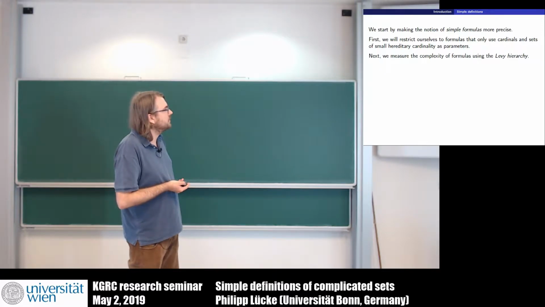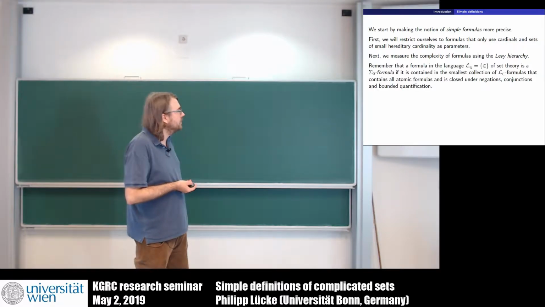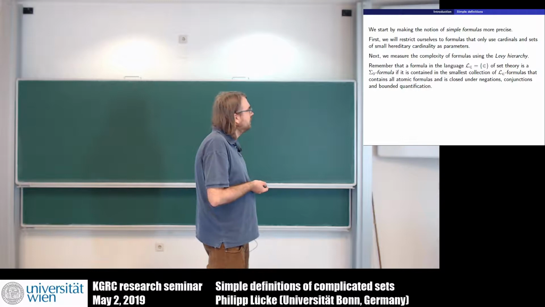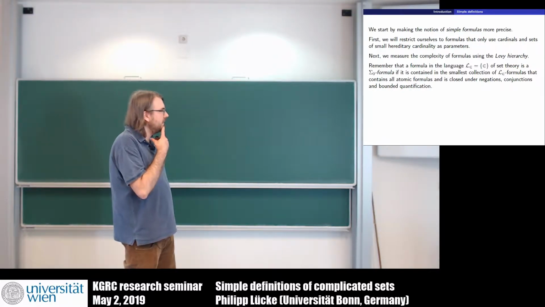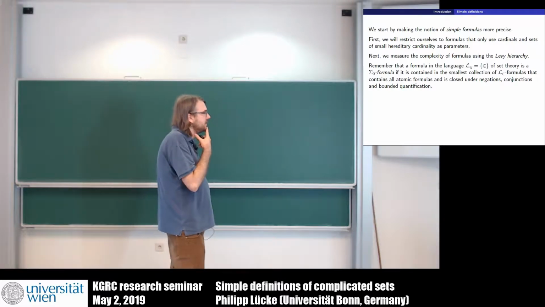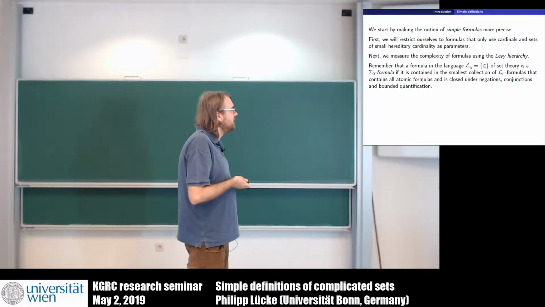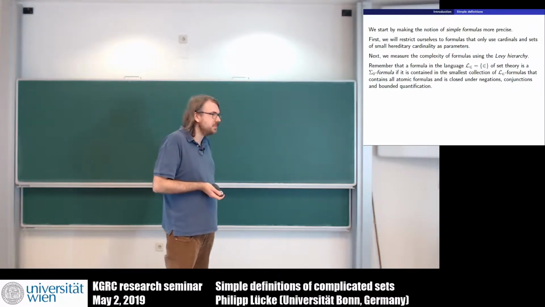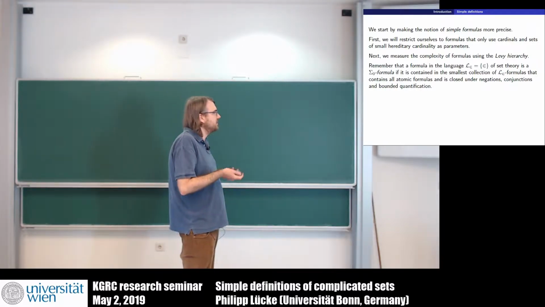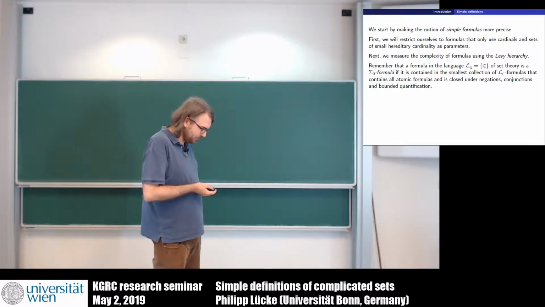Okay, and to talk about simple formulas, I use the standard approach and look at the Levy hierarchy. Just as a quick reminder, we use a language with just the epsilon symbol, and then we say some formula is a sigma zero formula if it's contained in the smallest collection of formulas that contains all the atomic formulas, and is closed under negations, conjunctions, and bounded quantification.